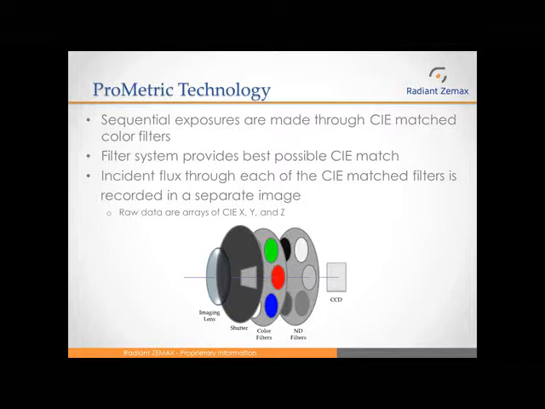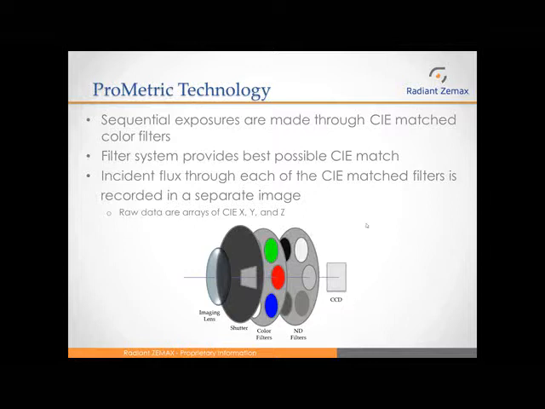So when light comes through the filter and we measure the incident flux, that's effectively doing the integration. So coming through the filter, the incident spectral power distribution is weighted by the CIE Tristimulus matching function, and then our camera measures those values as big X, big Y, and big Z for each pixel.